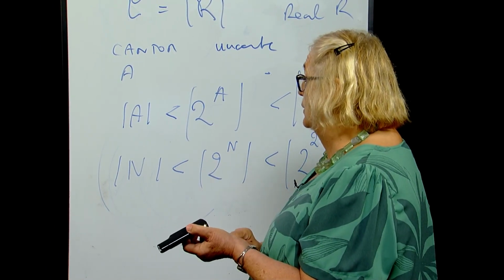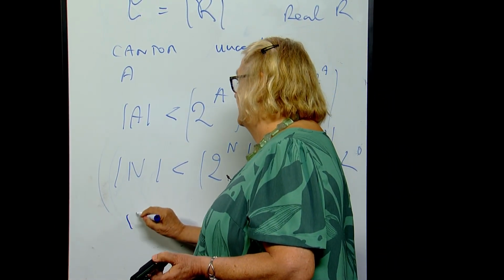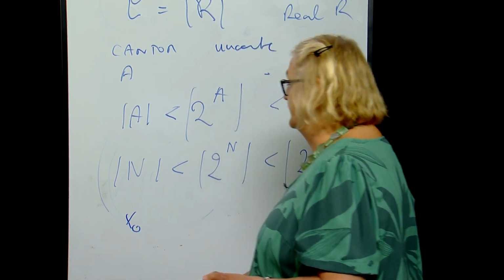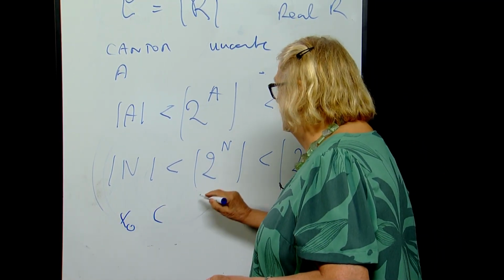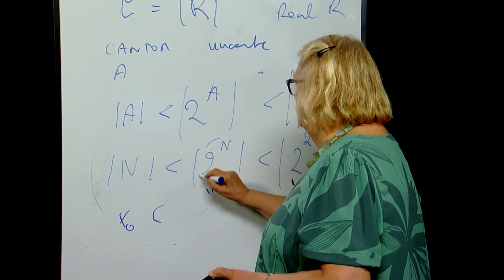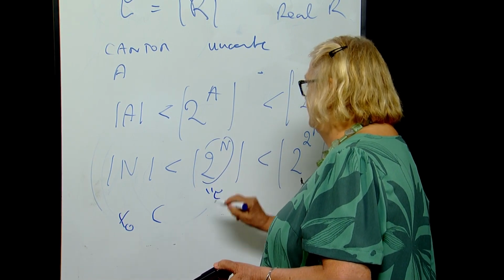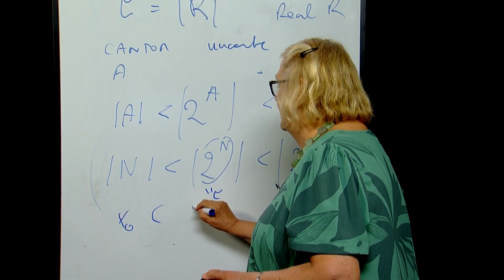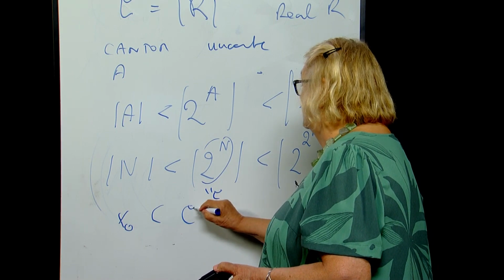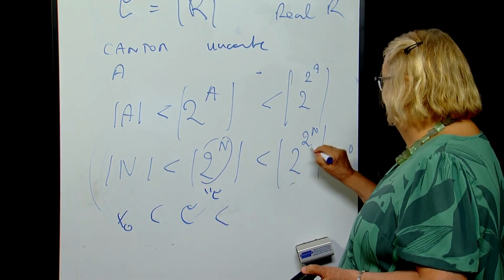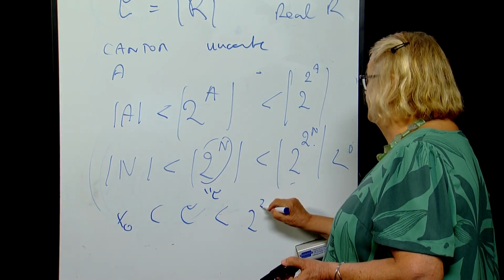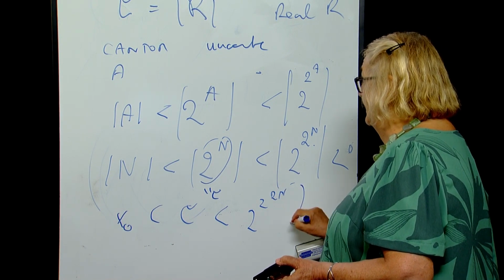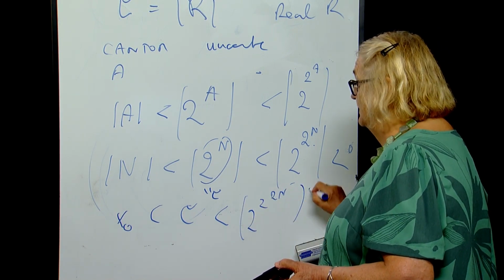And what you know also is that this is Aleph 0. Now, you know also that we proved that this is continuum, but that is 2 to the power, so it's another cardinality.